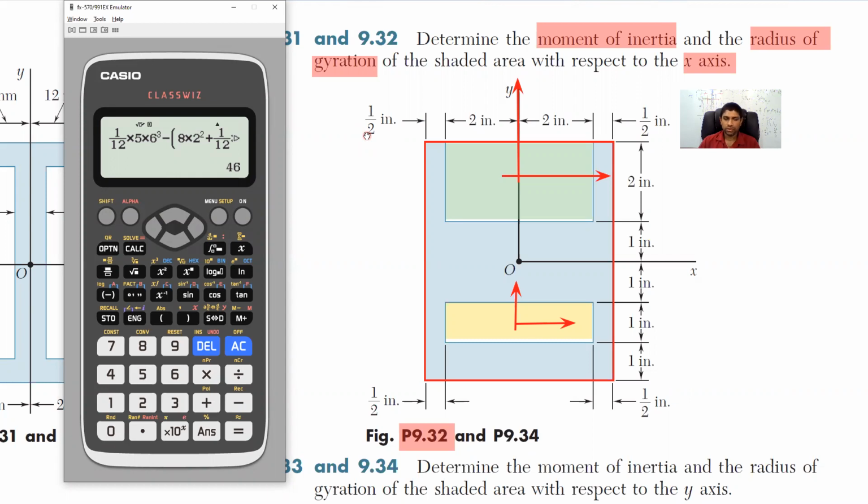We also have to find the radius of gyration. You know that the radius of gyration is the square root of Ix over area. Ix is 46. We have to find the area. The biggest rectangle is 5 by 6, and we have to subtract the green color one, which is 4 by 2, minus 4 by 1.